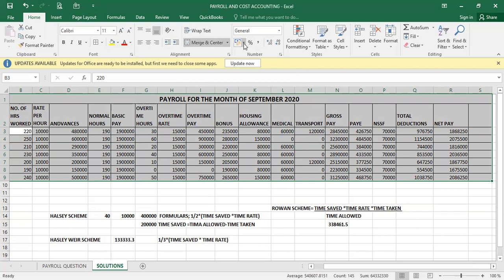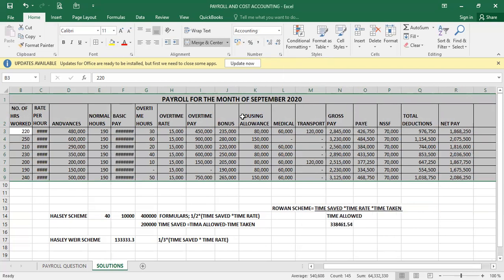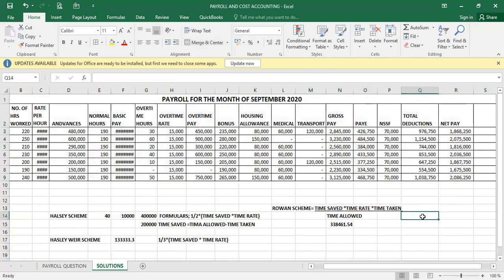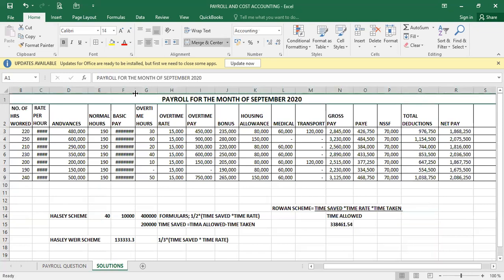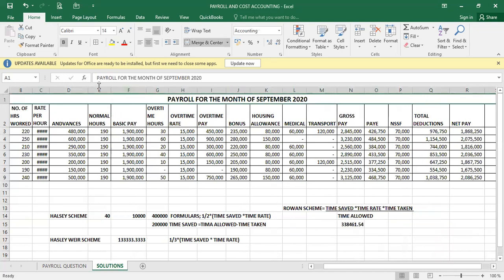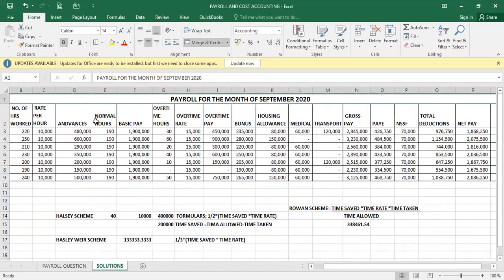If you want the currency, you get here, you can check and put the commas to separate some of the things. This one happens because the space is a bit small, but if you adjust, it will come back. So we put the commas where necessary and we put the separators.